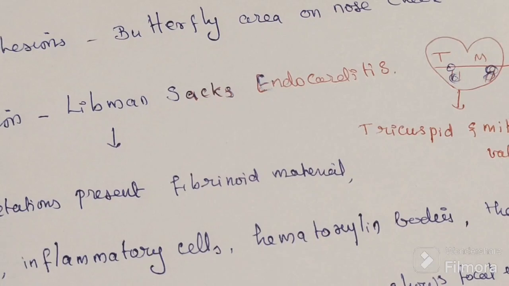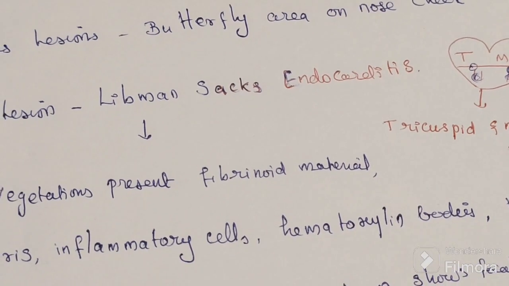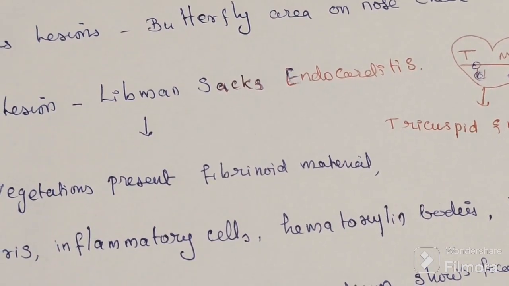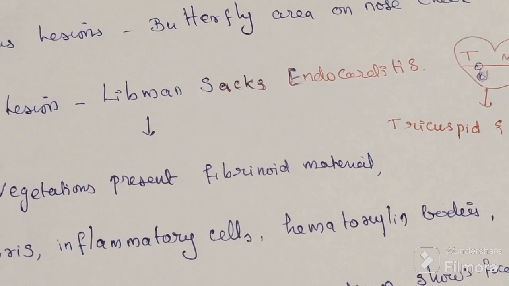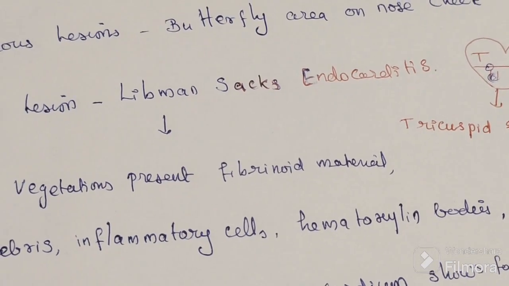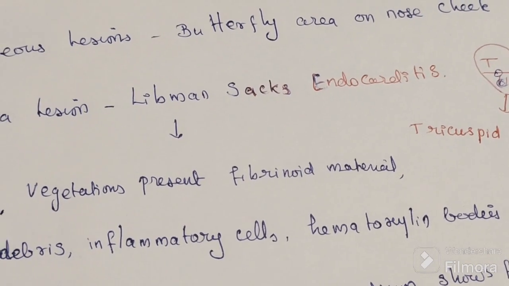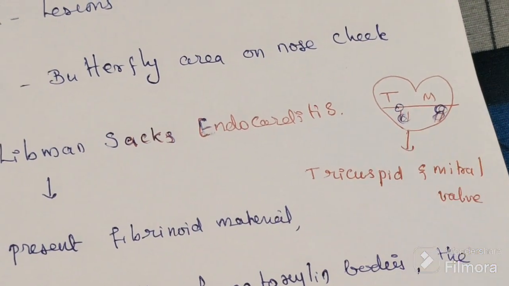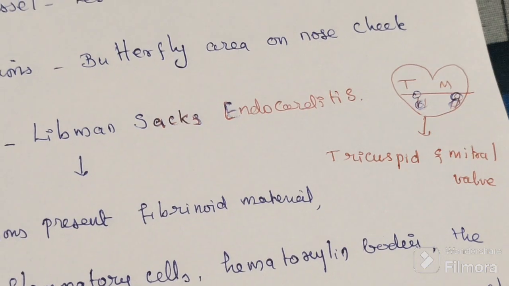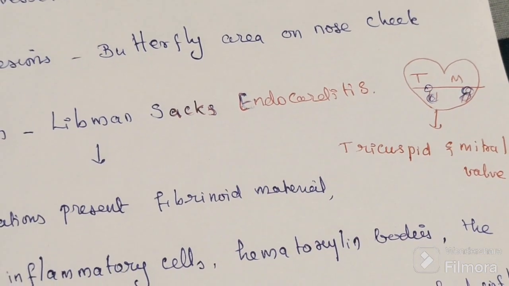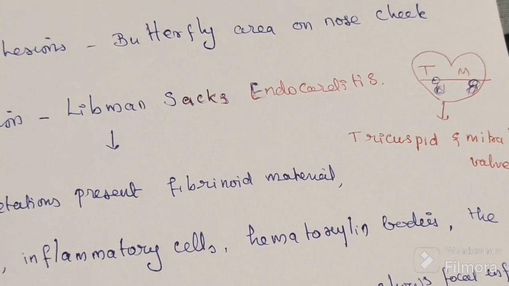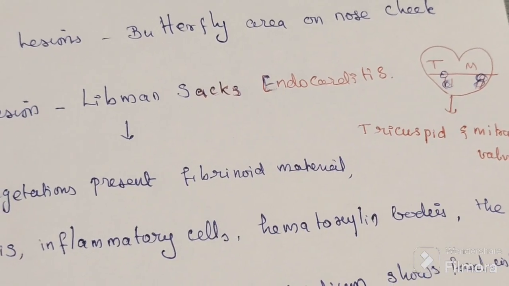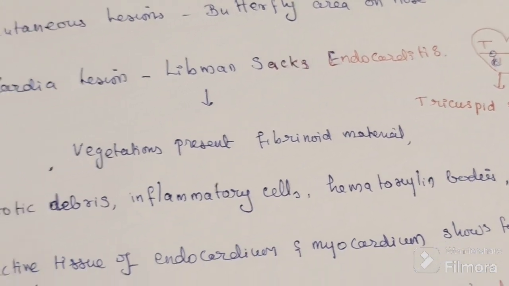Fibrinoid material, necrotic debris, inflammatory cells, hematoxylin bodies. The connective tissue of endocardium and myocardium shows focal inflammation.